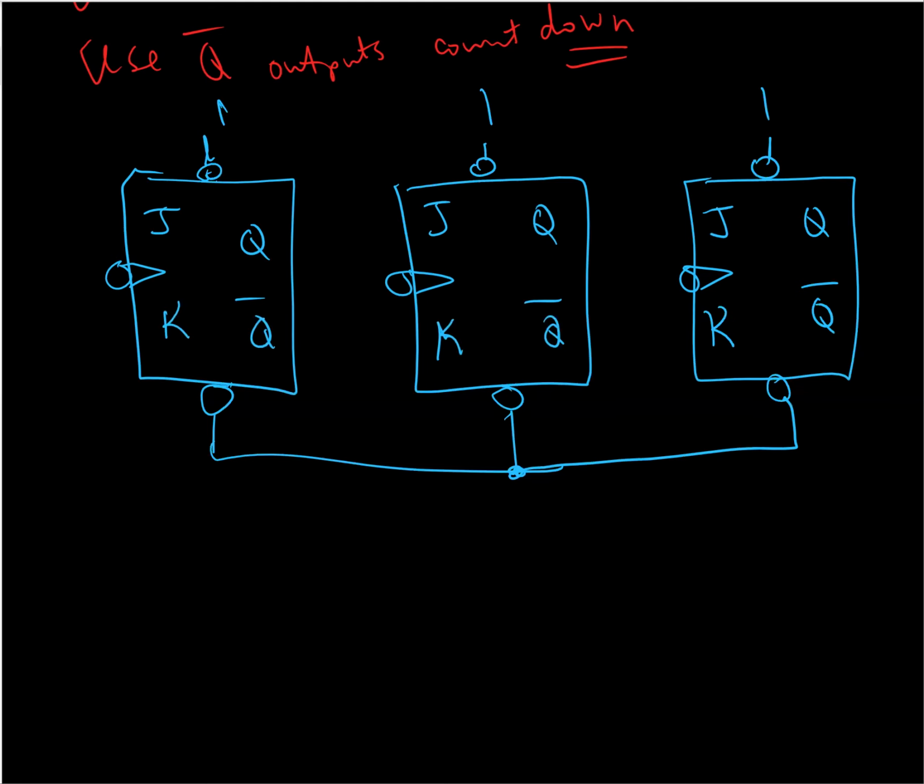Because I want to do, let's say in this example, an up counter, I'm going to take my outputs as Q0, and I'm taking them from the Q output. I'm going to use the Q output of the previous flip-flop to drive the clock of the next. And my first flip-flop just has a regular clock input, okay?